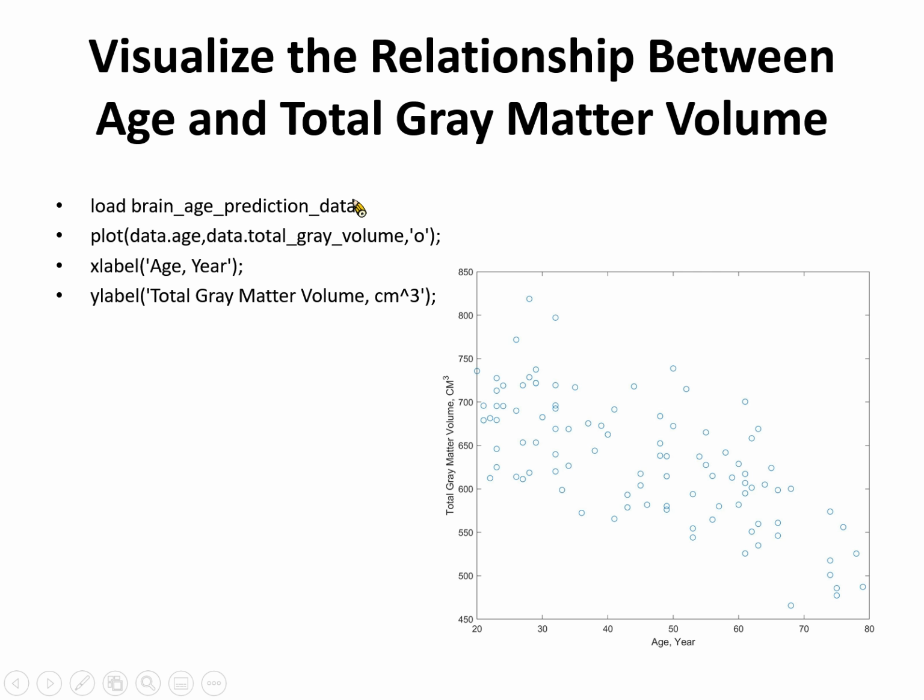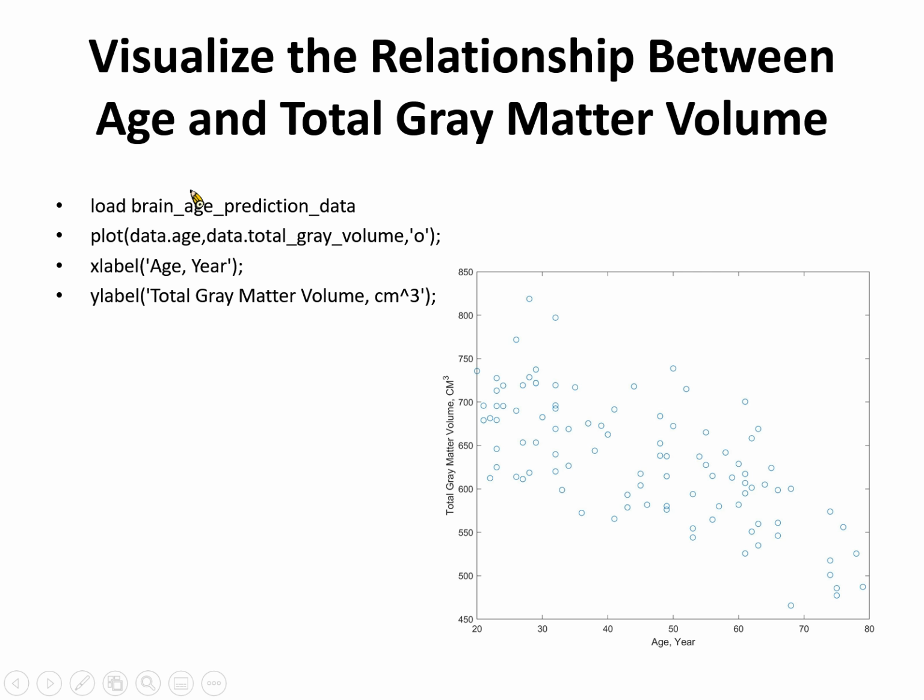Before we jump into machine learning, I think it's a very good habit to look at the data. The first thing we will do is visualize the relationship between age and total gray matter volume. This is a very simple task, because when you load the brain age prediction data, you will have a data table in the workspace.